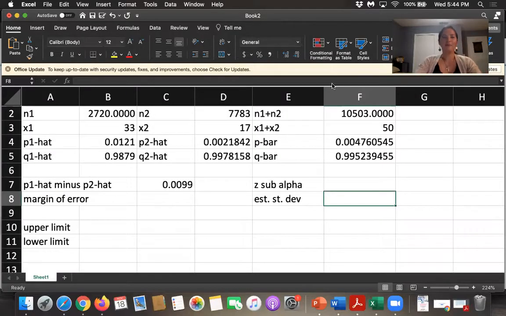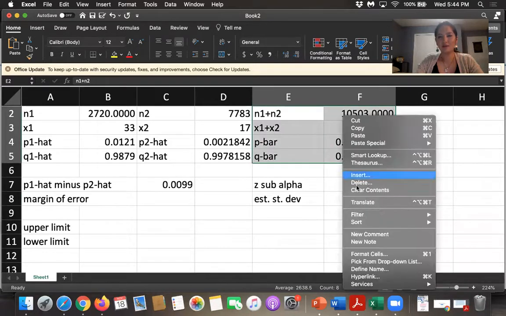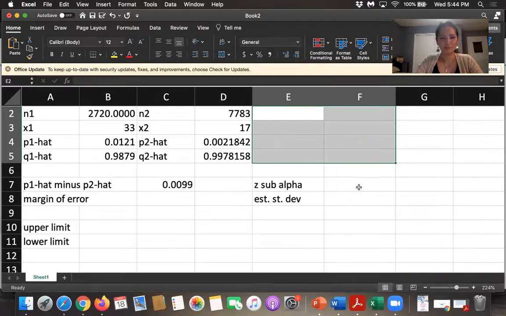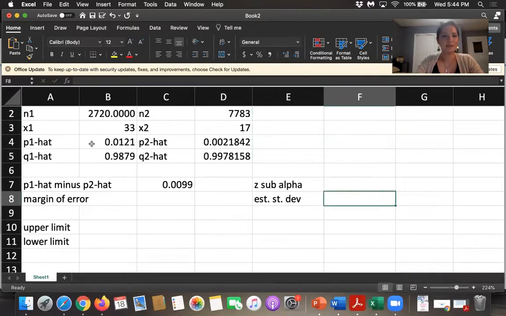Okay, so I'm going to use a lot of the same statistics that I had from earlier, but this time I'm not going to use P bar or Q bar or this N1 plus N2 or X1 plus X2. None of this is needed whenever we're computing a confidence interval. So I'm just going to clear the contents there. But I will need P1 hat and Q1 hat, P2 hat and Q2 hat, and N1 and N2.